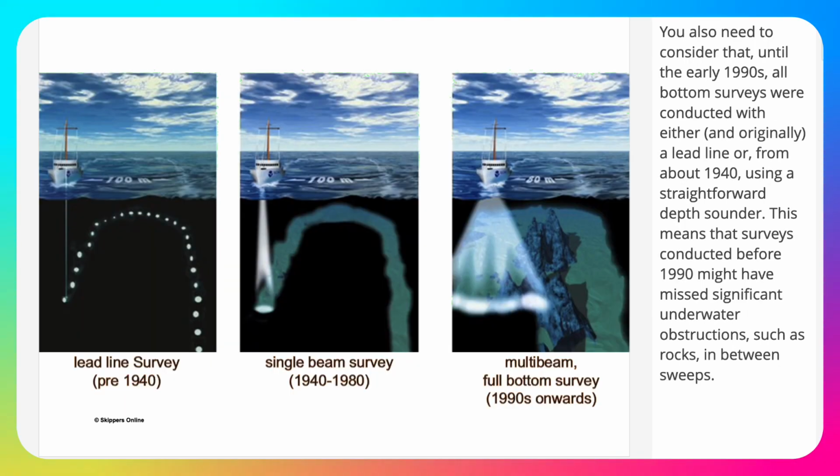You also need to consider that until the early 1990s, all bottom surveys were conducted with either, originally, a lead line, or from about 1940 using a straightforward depth sounder. This means that surveys conducted before 1990 might have missed significant underwater obstructions, such as rocks, in between sweeps.